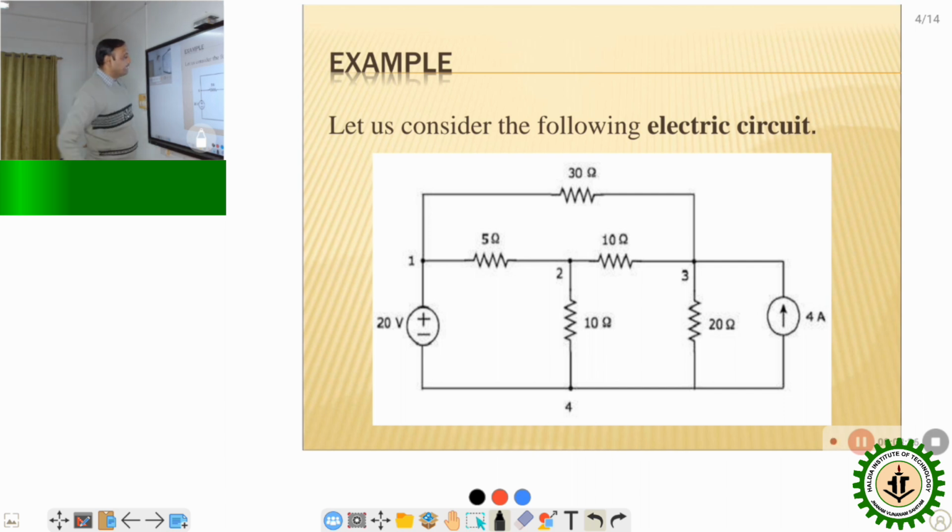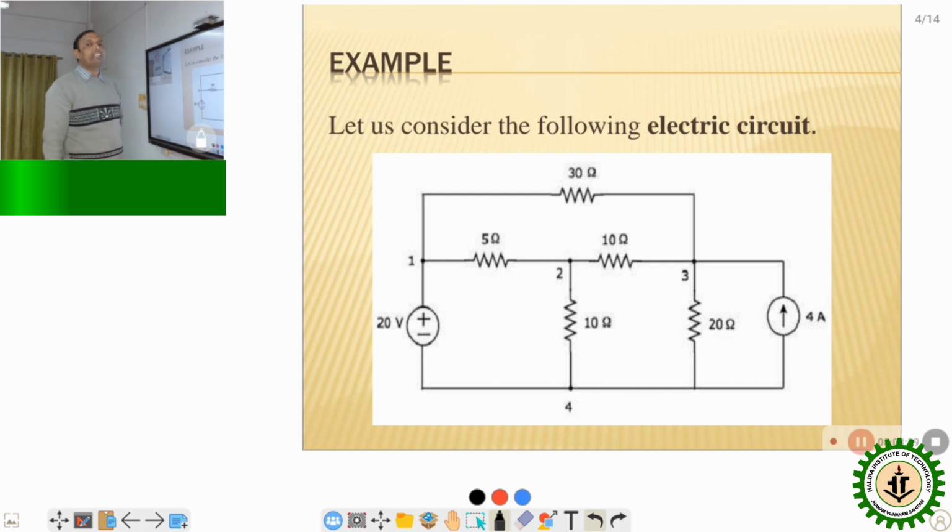In between 1 and 4 one voltage source is connected, in between 1 and 2 one 5 ohm resistor is connected, in between 2 and 3 one 10 ohm resistor is connected, in between 2 and 4 one 10 ohm resistor is present, in between 1 and 3 one 30 ohm resistor is present, and in between 3 and 4, because this point and this point are short circuited, one 4 ampere current source is also present.